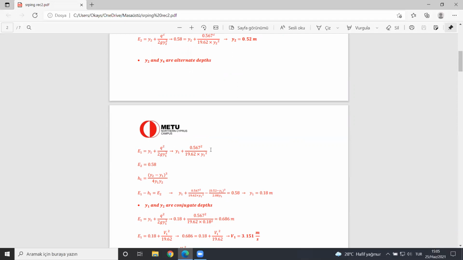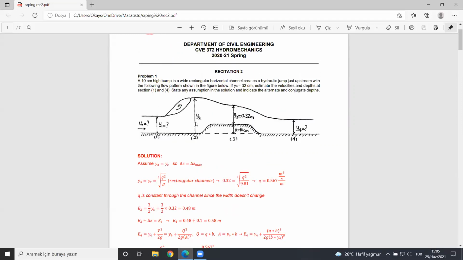At the end, we get this equation again. We knew the energy at section 2 was 0.58. There's a hydraulic jump, so basically the energy at this section minus the head loss occurring due to this hydraulic jump will be equal to the energy at section 2.